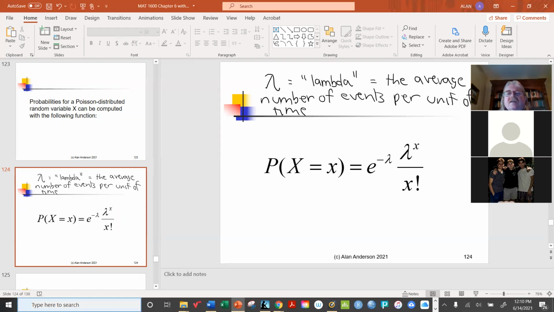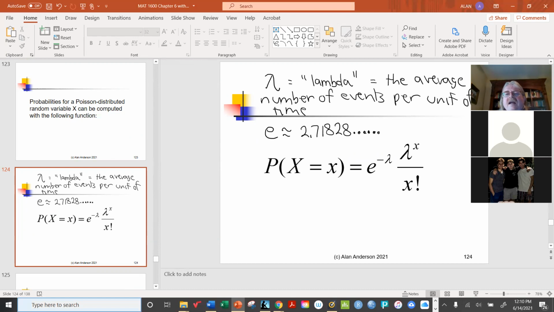Now, this E is a very special constant. It's approximately equal to 2.71828, but it goes on forever, just like pi. It's a non-repeating number, where there are no repetitions among the digits after the decimal point.